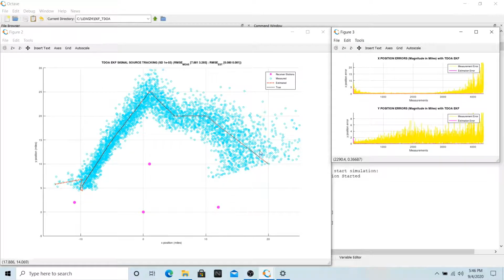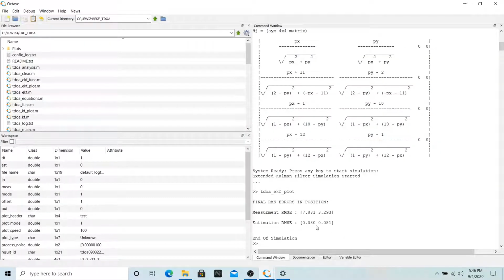Also, it is able to effectively deal with a large amount of measurement error at the end of the simulation, as you can see. And the final root mean square errors obtained after estimation are 0.08 and 0.081 for x and y coordinates respectively. Now we will also take a look at the equation used in TDOA before we move on to the next method.